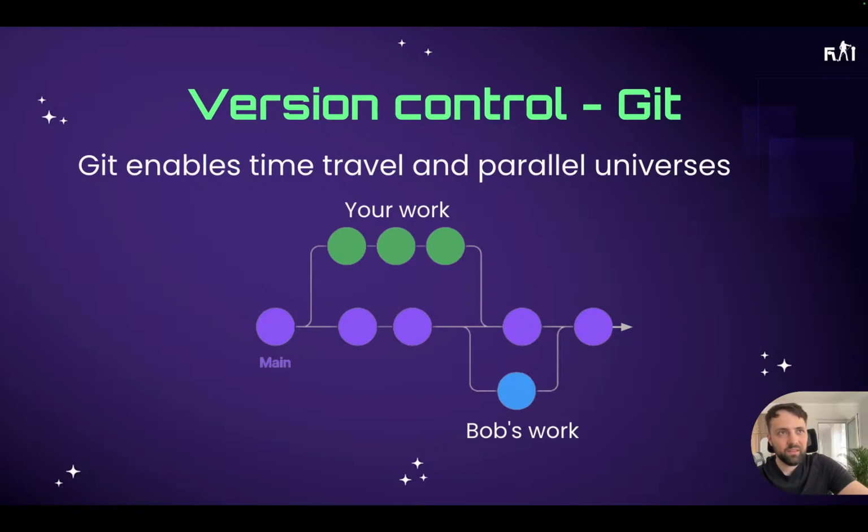I was surprised to see a lot of people, even people with many years of experience, not using it, and it's interesting how far some people can go without proper version control. I was very impressed that they could do that.